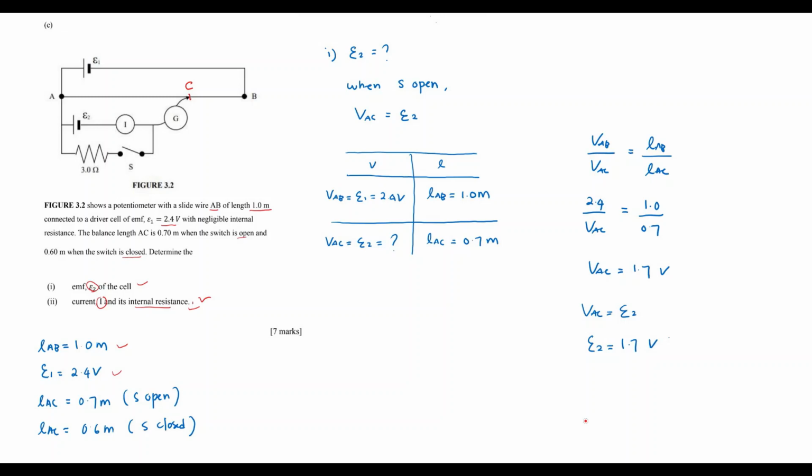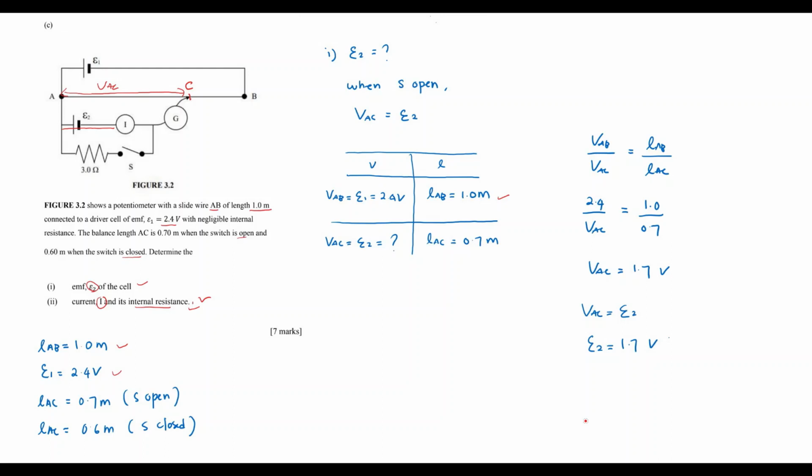Okay, for question 1, to find EMF or E2 when S is open, we know that VAC equal to E2 when S is open. So use the tabulation method. For VAB equal to E1 is 2.4 volt and LAB is 1 meter, and VAC equal to E2 where the LAC equal to 0.7 meter.